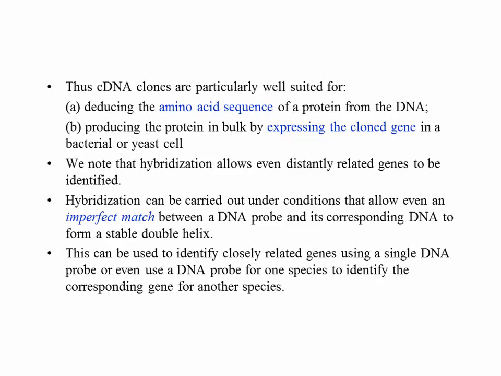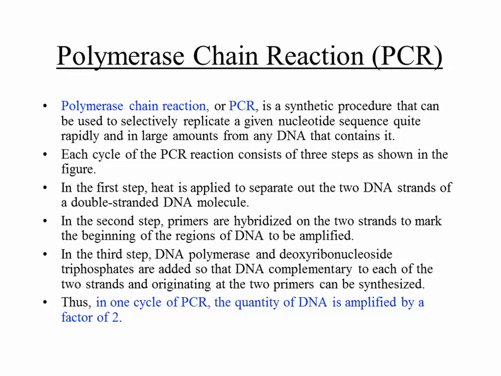Okay, I can use the complement of that canine beta globin gene and see where it hybridizes on the human genome, and that would be the location of the beta globin gene in the human genome, right? So things like that have been done. All right, any questions?